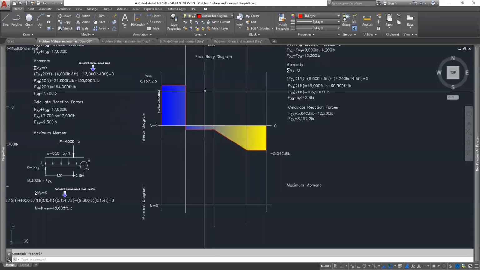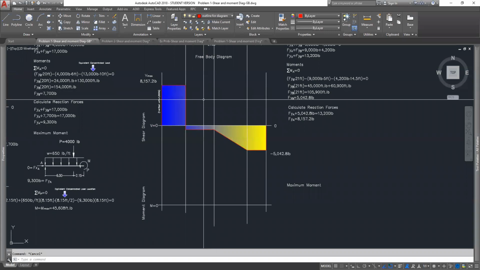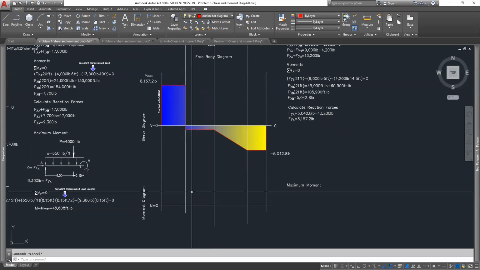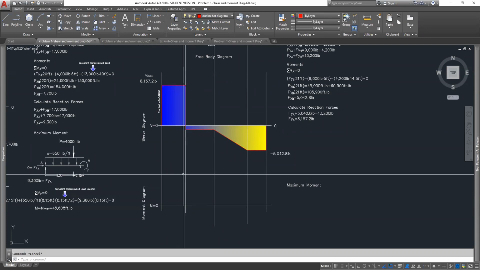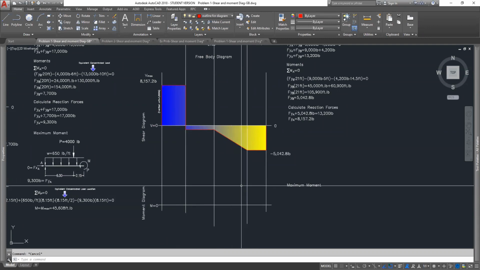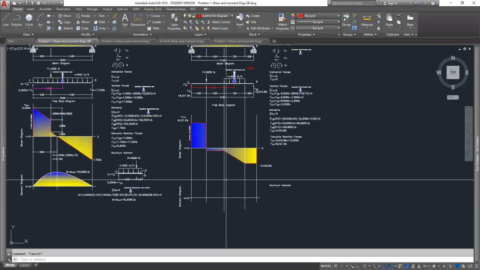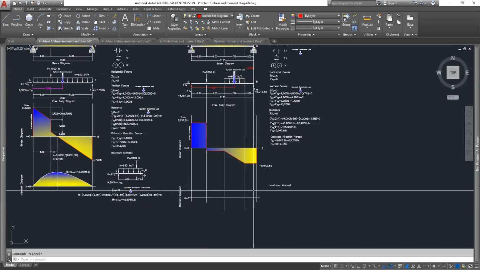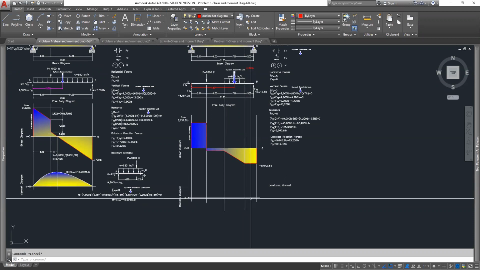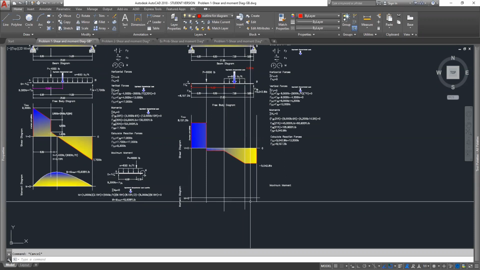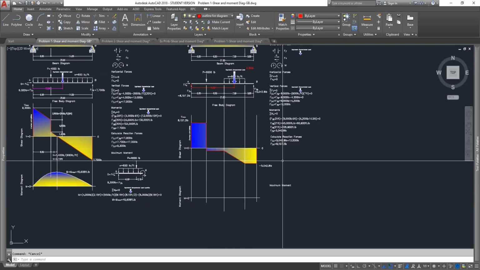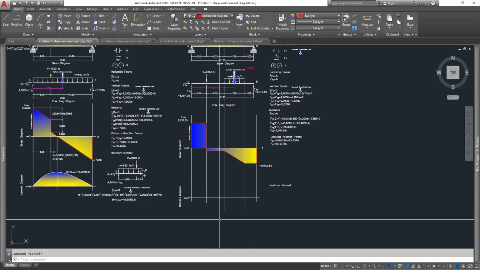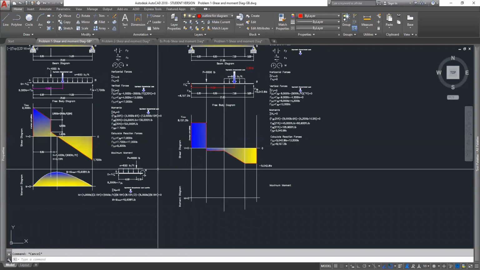Now let's do our moment diagram and solve for our maximum moment. In order to draw it, we also have to solve for a couple of other locations, wherever these events come in, because the shape of our moment diagram will change based on that. By the way, where does our maximum moment occur?